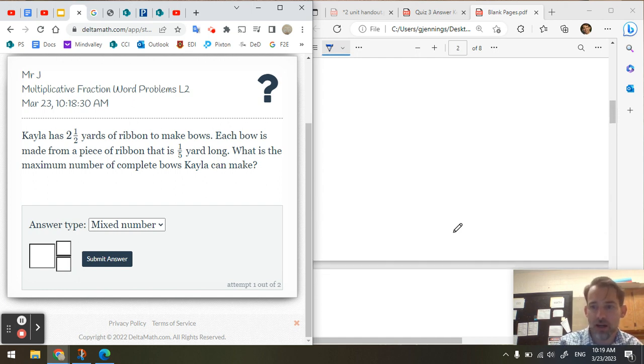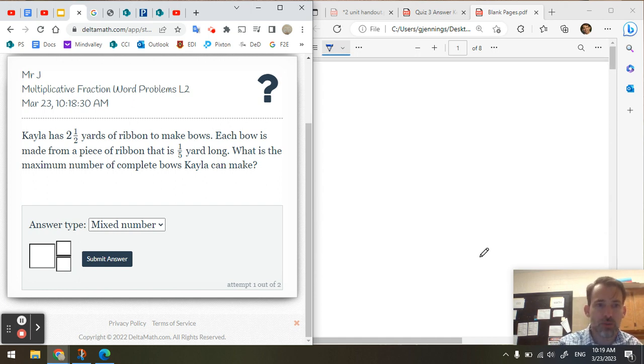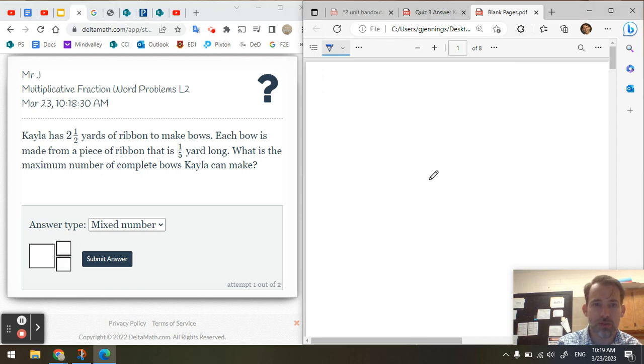So here again, we are dividing, because we're going to divide those yards of ribbon into some number of ribbons. And each one is 1/5. When I divide by a fifth, numbers get bigger. So I'm going to get a bigger number of total bows than I have yards of ribbon. So I take 2.5 yards of ribbon and I divide that by 1/5.